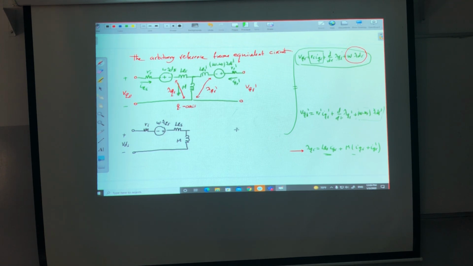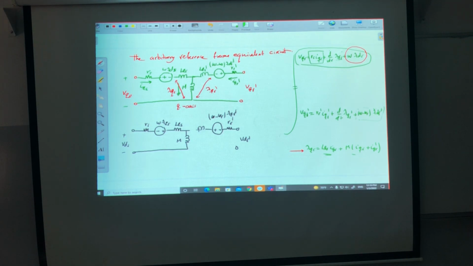Then V_DR'. First thing here I will face is R_R'. Then a supply where this is the minus and the plus, and should be omega minus omega_R lambda_QR'.